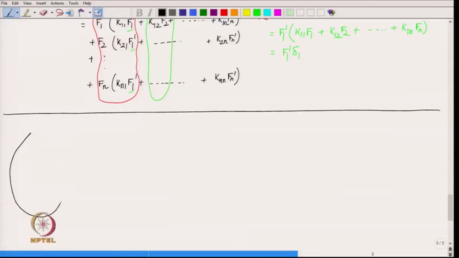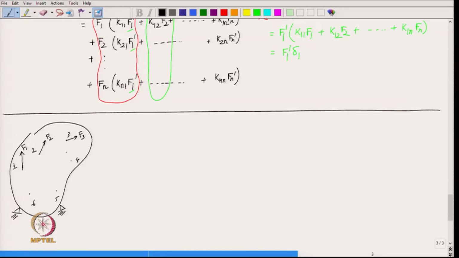So, we can think of an arbitrary body again, and we have various points 1, 2, 3, 4, 5, 6, and we can apply forces at some points, f_1, f_2, f_3, and at other points we could apply what are called moments.